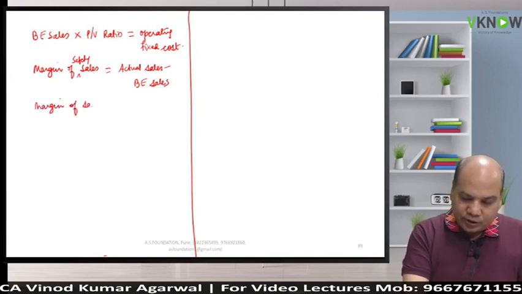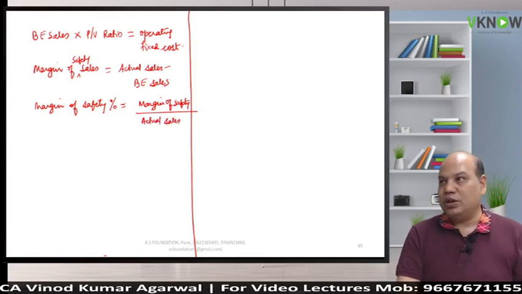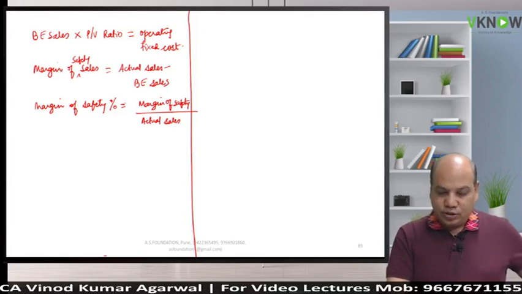Margin of safety percentage is margin of safety divided by actual sales.